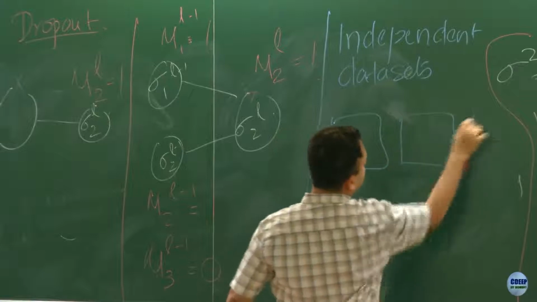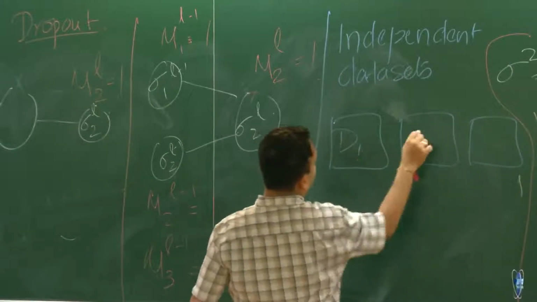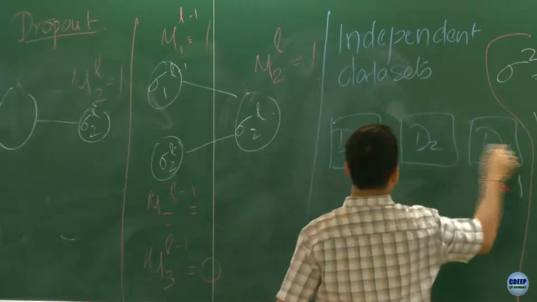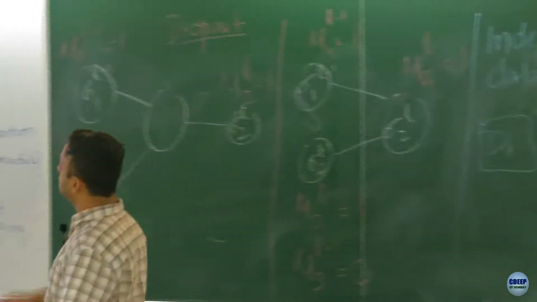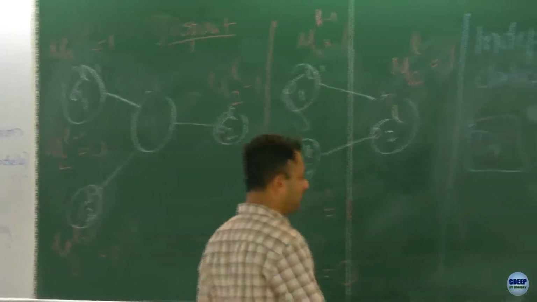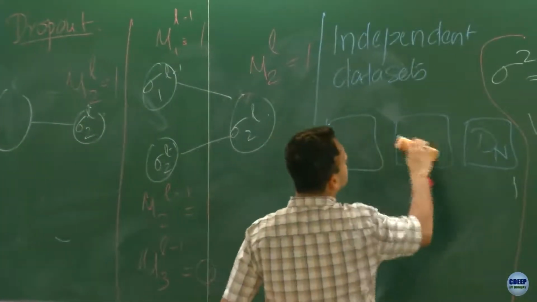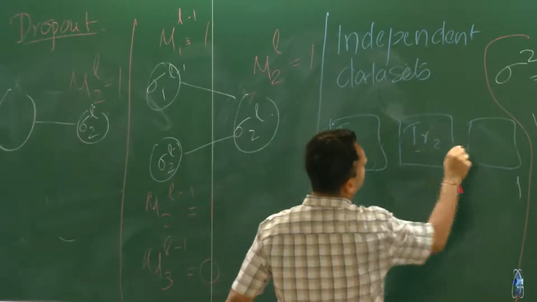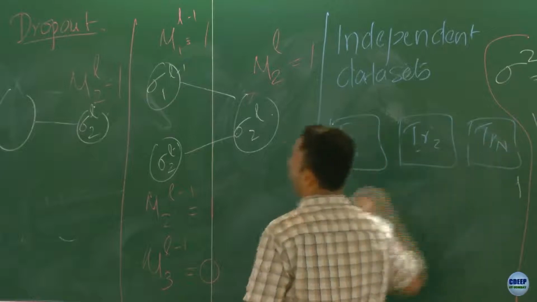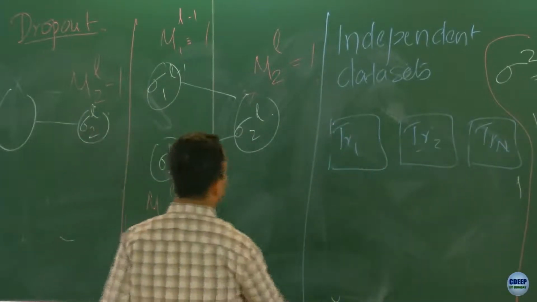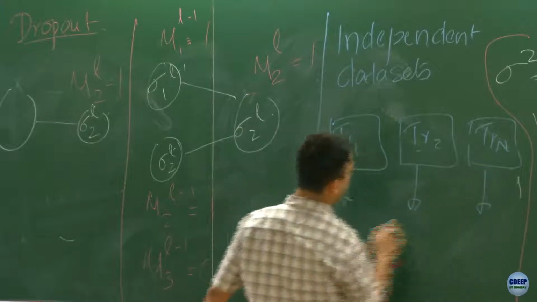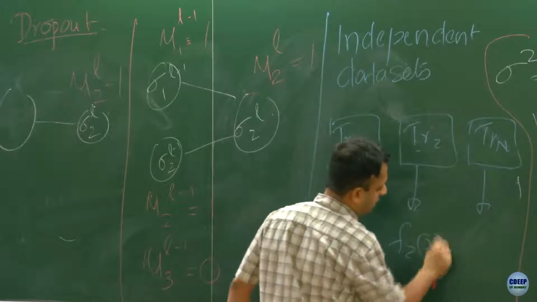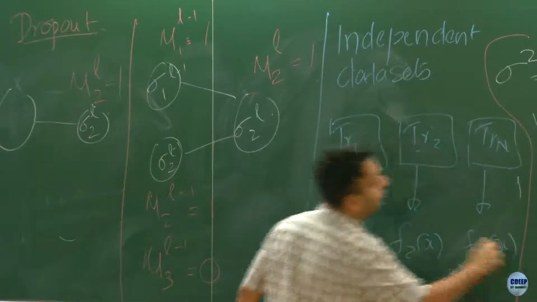Okay, so you have n independent data sets D1, D2, D3 up to Dn. I will call them T, let me be consistent with that: TR1, TR2 up to TRn. Based on each of these you learn an independent model f1(x) and so on.